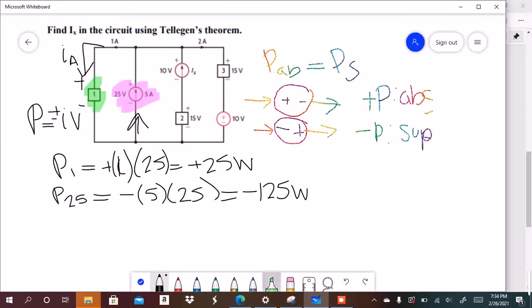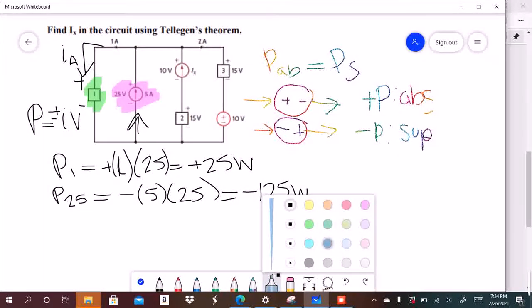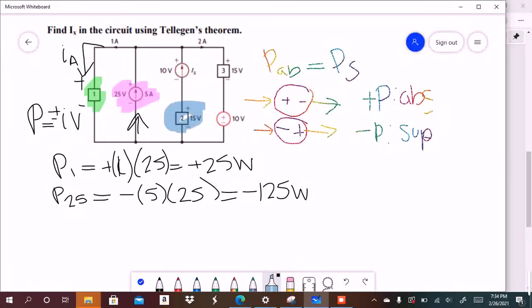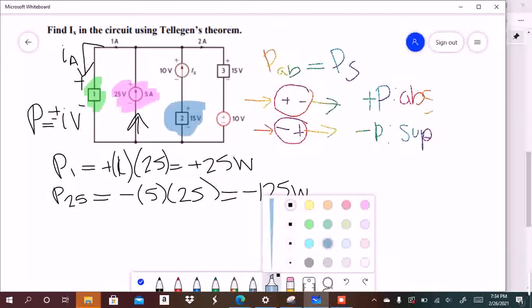Next, we're going to come around to box 2. So this is connected in series with the 10 volt source. And things that are connected in series have the same current going through them. So the 10 volt source has a current of Ix to it.